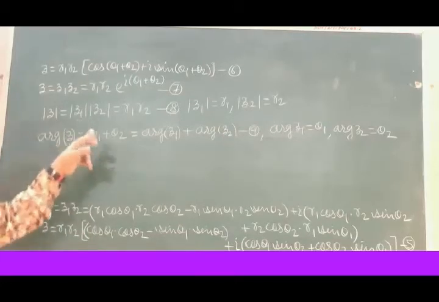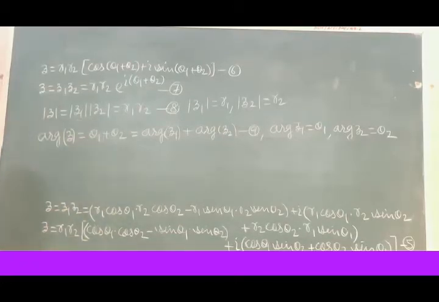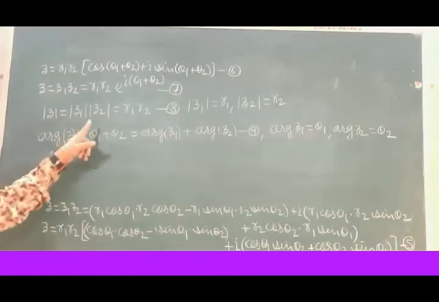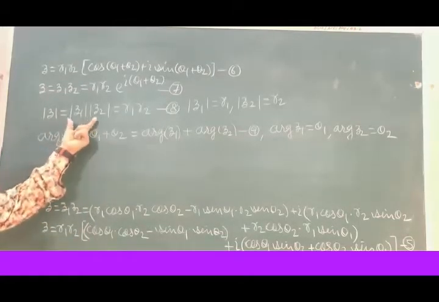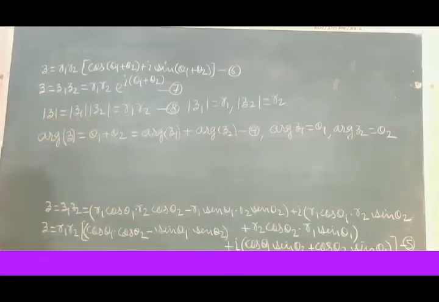If we look into this equation, we find that the modulus of a complex number which is the product of two complex numbers is equal to the product of their moduli. For this z, what can I write here?